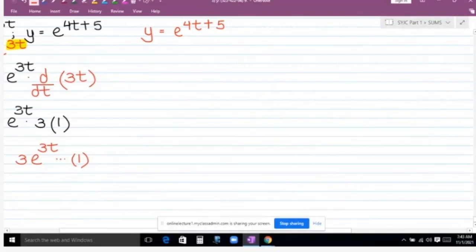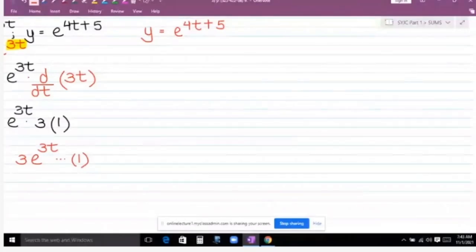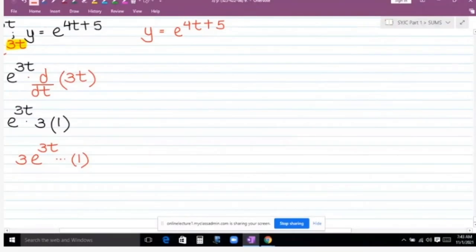Everyone answer quickly. y is equal to e raised to 4t plus 5. Next step, differentiating y with respect to t. Next step, applying the operator d by dt on both the sides.